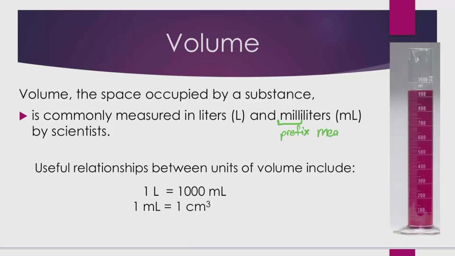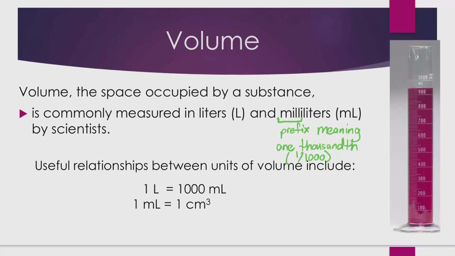And this prefix means 1,000th, or 1 over 1,000. So there's 1,000 milliliters, because they're really small, in 1 liter. Some useful relationships between units of volume include 1 liter is 1,000 milliliters. That's probably the best one to know.